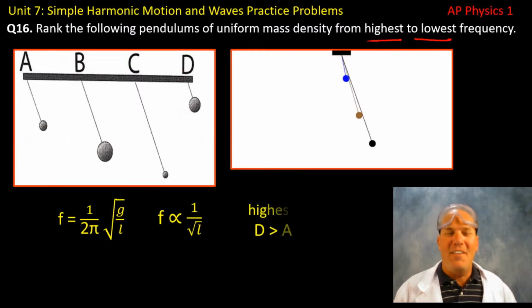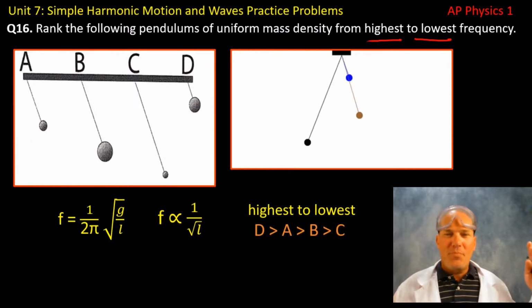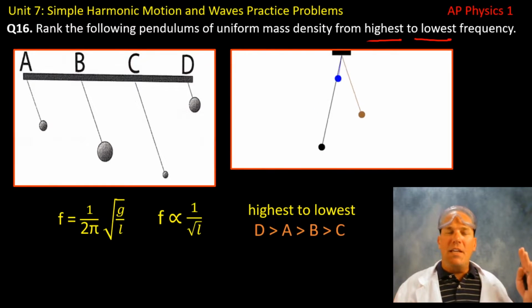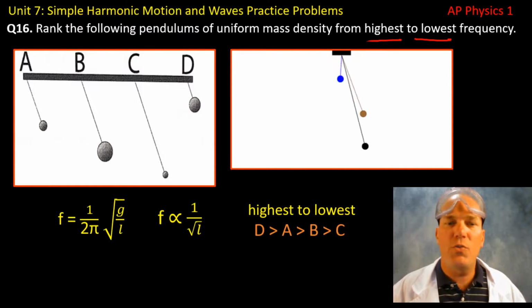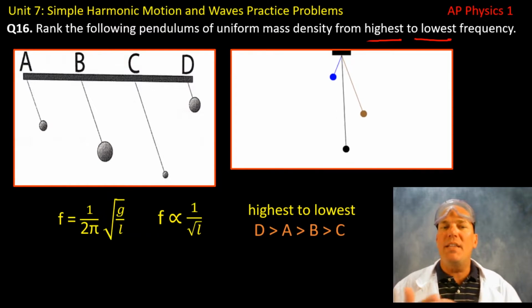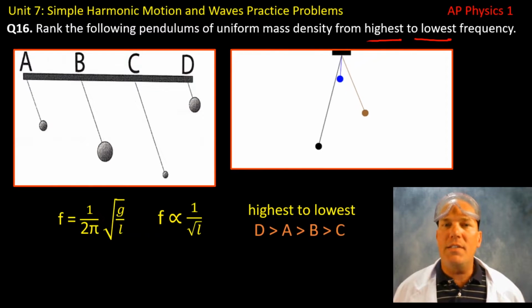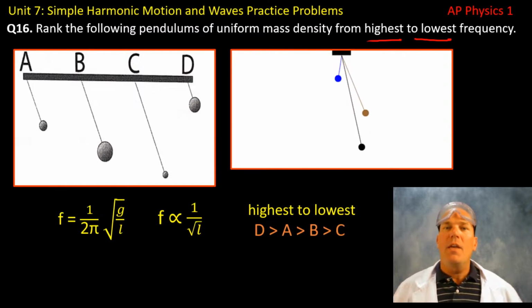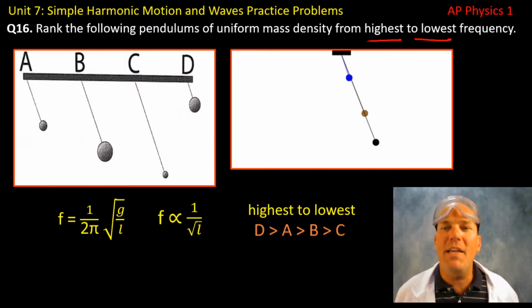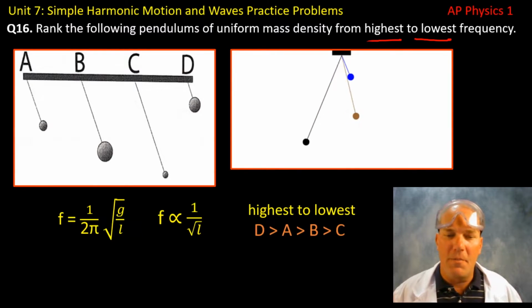So all we are straight up looking at is how frequency is inversely related to the square root of the length. Now, that enables us to rank these because we see the highest frequency is the one with the shortest string, D, and then the next one, A, and then next, B, and then finally C has the longest length. And because it has the longest length, it has the lowest frequency.